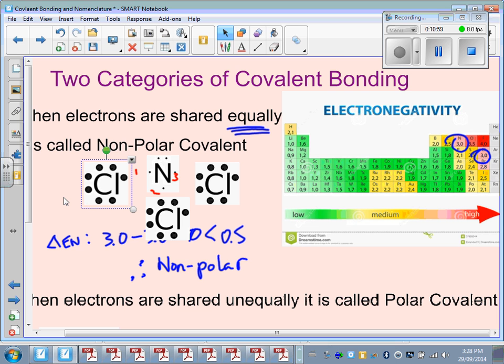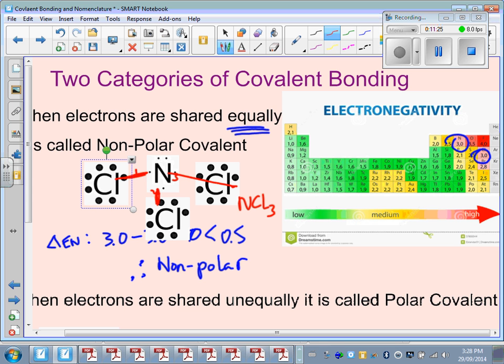So this chlorine electron and this electron are shared, and the second one is shared, and there's another one shared over here. And so the nitrogen bonds to 3 chlorines. So the formula for that would be NCl3.